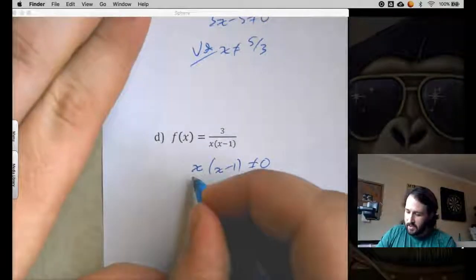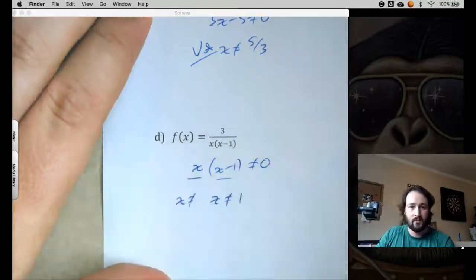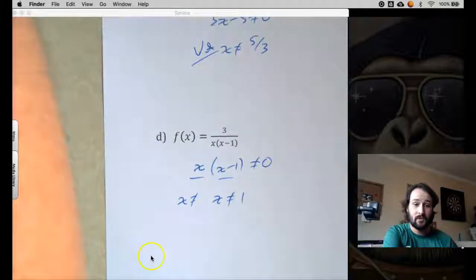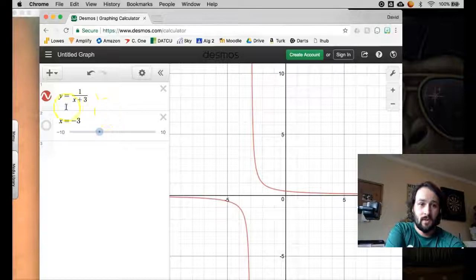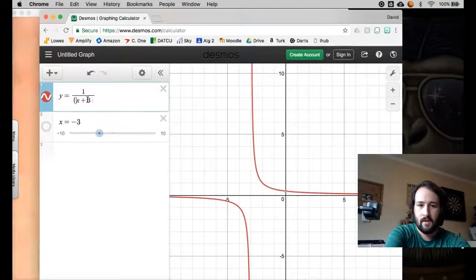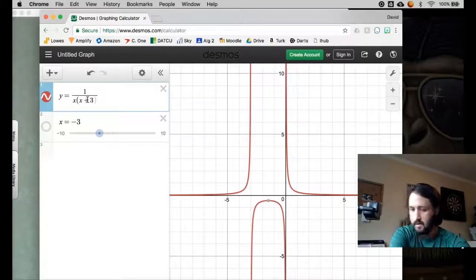So what this means, x cannot be 0 and x cannot be positive 1. So we have two vertical asymptotes here. We can have as many vertical asymptotes as we possibly want, but in this case it is just 2. So I have x times x minus 1.